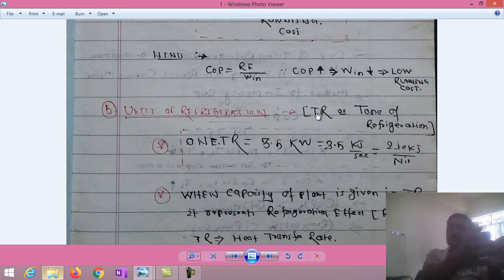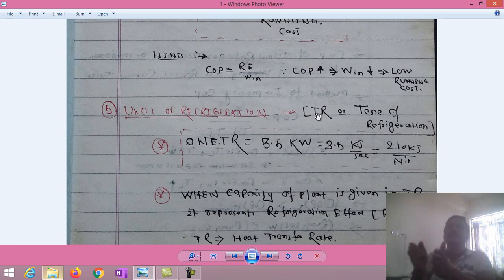There is a time restriction. In this condition, you have to extract heat from the water so that it can be converted into 1 ton of ice at 0 degree centigrade in 24 hours.